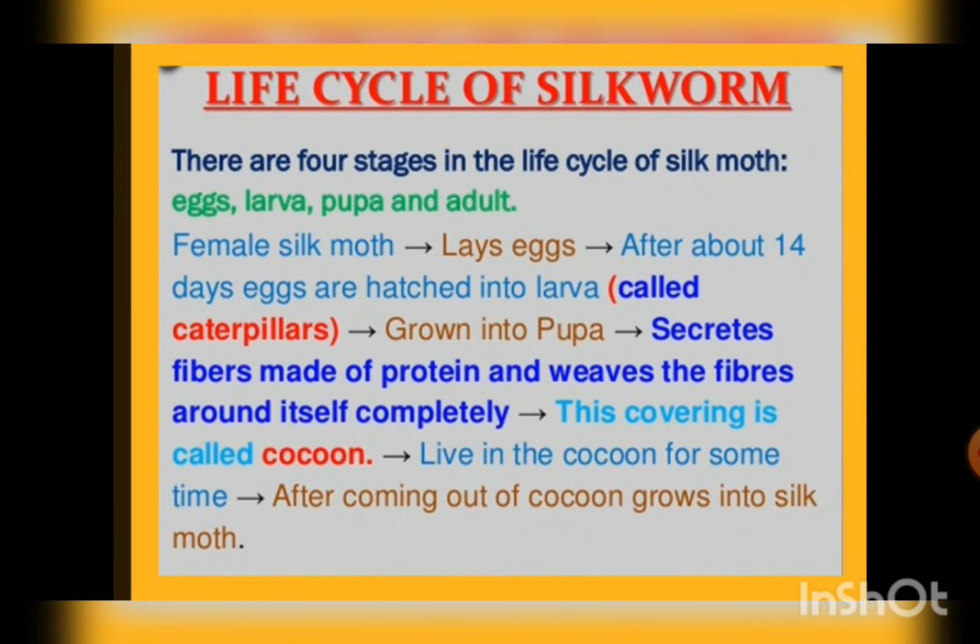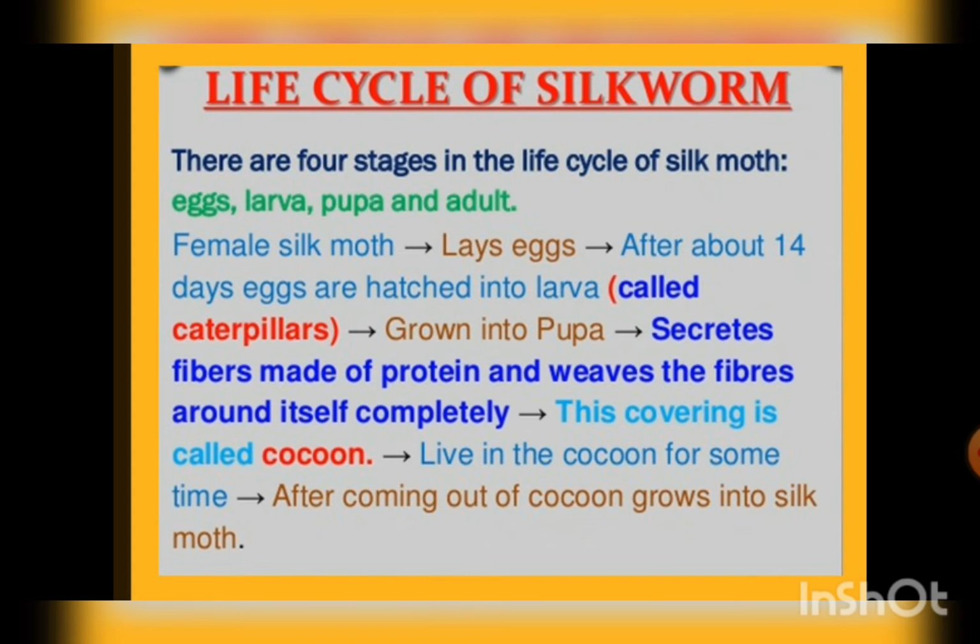Now the life cycle of the silkworms. There are 4 stages in the life cycle of the silk moth: eggs, then larva, then pupa and the adult. The female silk moth lays eggs. After about 14 days, eggs hatch into larvae called caterpillars, which grow into the pupa and secrete fibers made of proteins, and it surrounds itself completely.